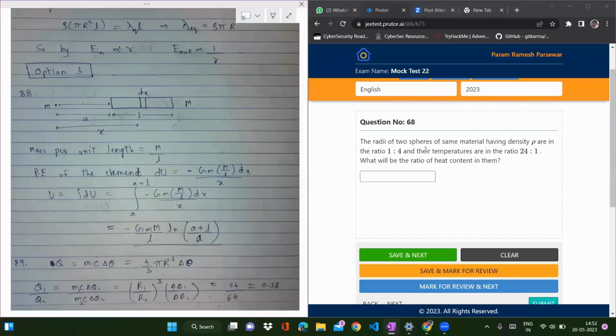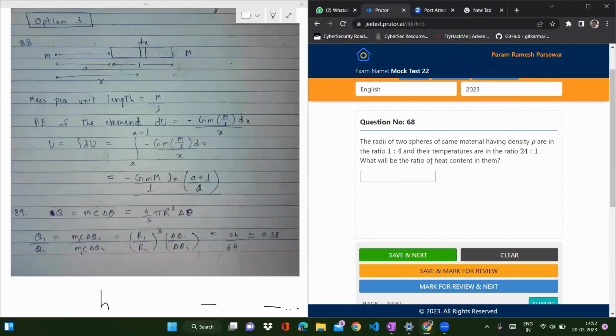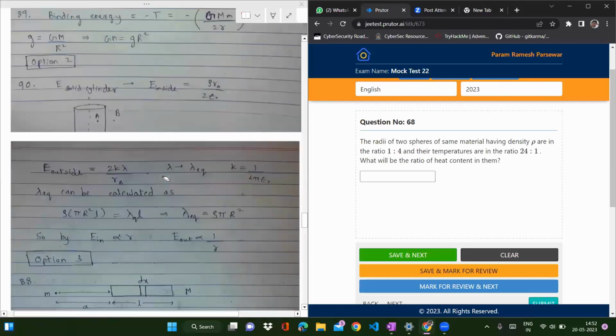Here the ratio of temperatures can actually be the ratio of the change in temperature, because as it is asking for heat content, it is relating to the heat which is absorbed when the object is given heat and its temperature rises. So the temperatures ratio is actually the ratio of change in temperature, not of temperatures.